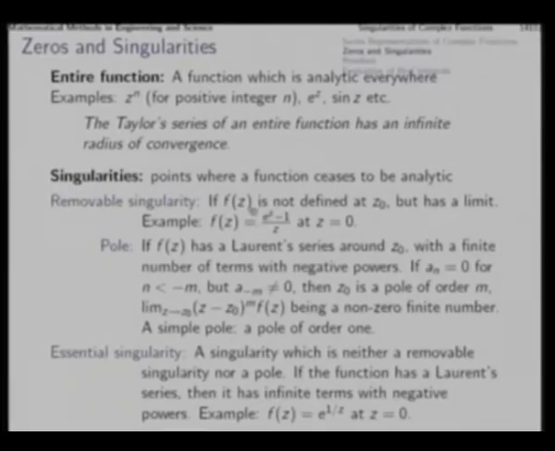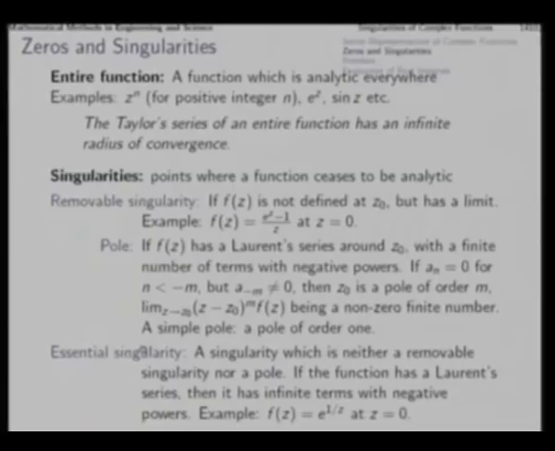So this function is not defined at z equal to 0, it becomes undefined, but it has a limit. As you try to find the limit of this function as z tends to 0, you will get a limit, and this kind of situation is referred to as a removable singularity. The genuine singularities can be either poles or essential singularities.